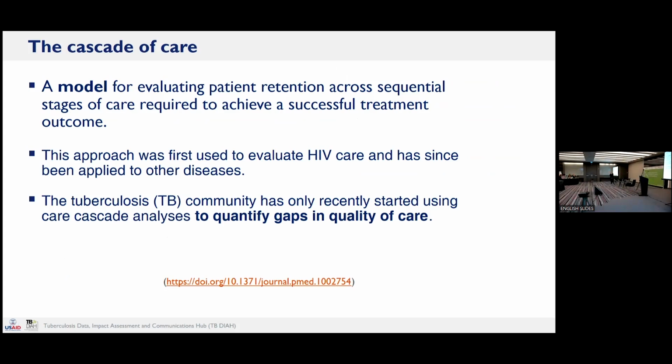It is a model for evaluating patient retention across sequential stages of care that are required for achieving a successful treatment outcome.